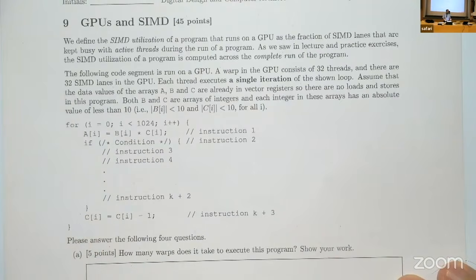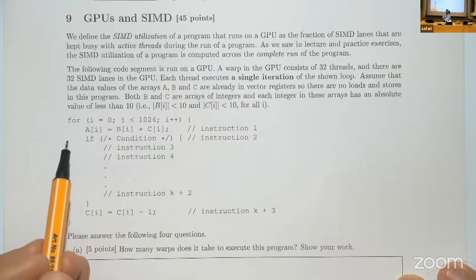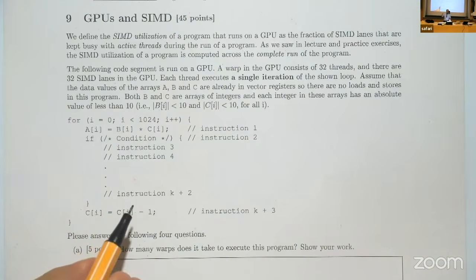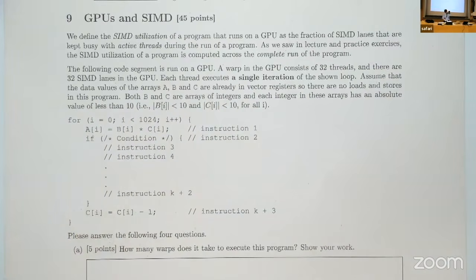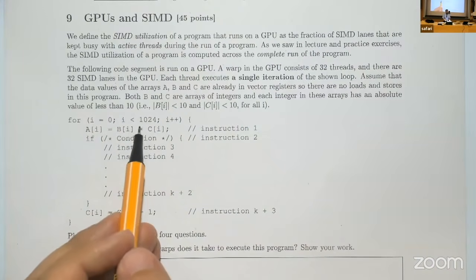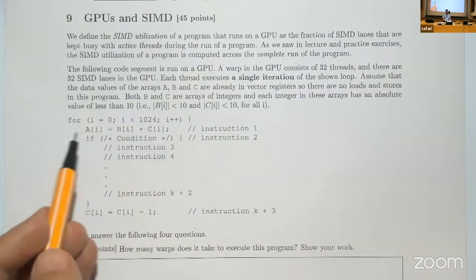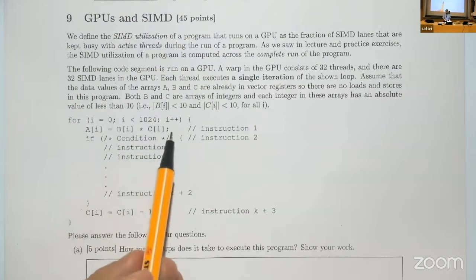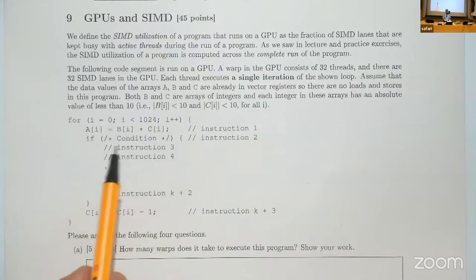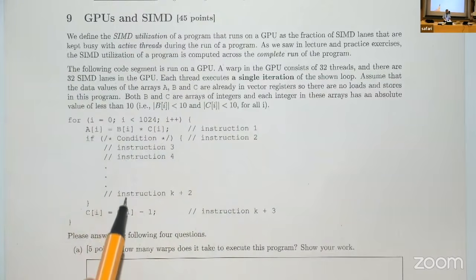Usually we have a code that you need to analyze. Here you can see this is a C code that is going to be offloaded on a GPU kernel. You have a for loop where the number of iterations is 1024. In each iteration, we have several instructions. First this simple instruction, then an if condition instruction, and some instructions inside the if block.